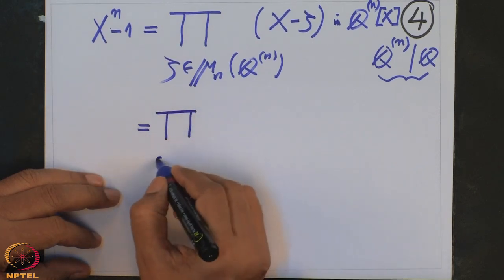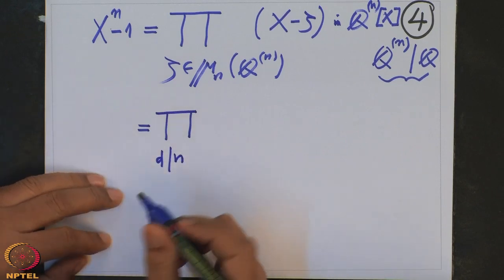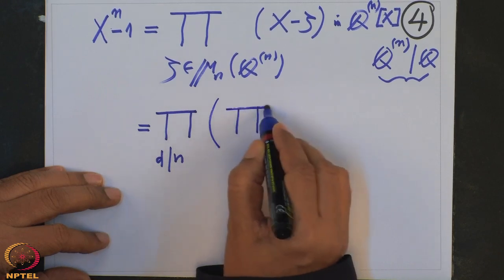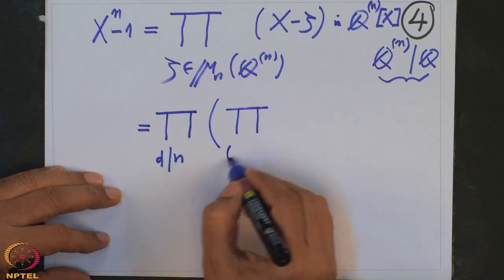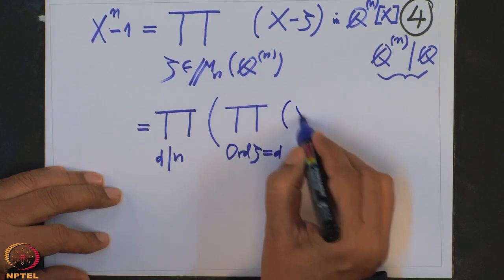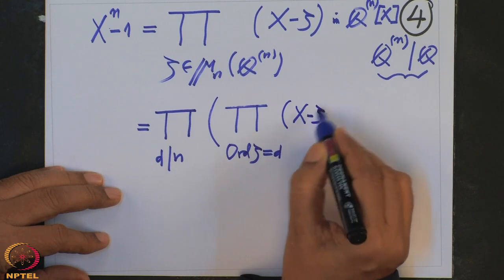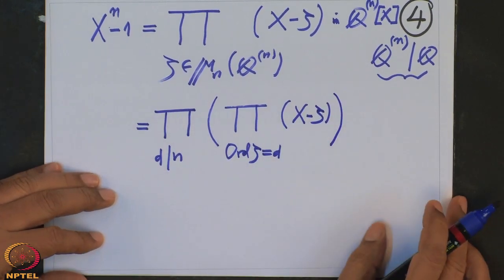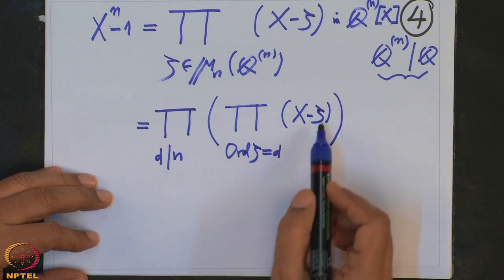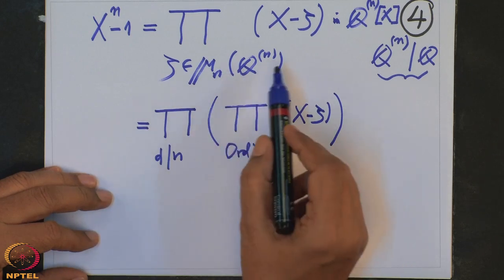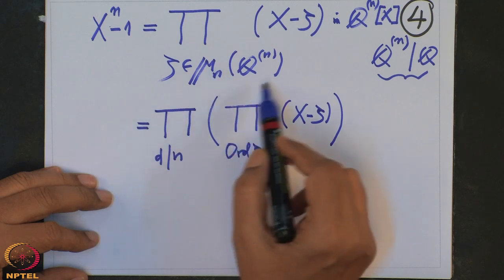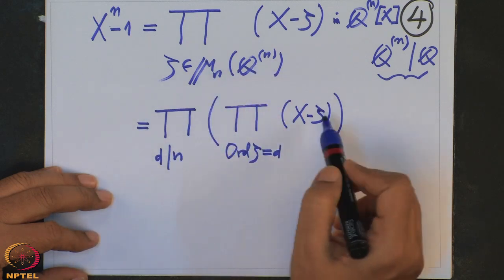So this is the product over d dividing n, and then the product over the elements whose order equals d, taking their corresponding linear factors. I have just rearranged by d dividing n and the order of the element being d. That exhausts all elements of this group, because elements have order d, which are divisors of n.